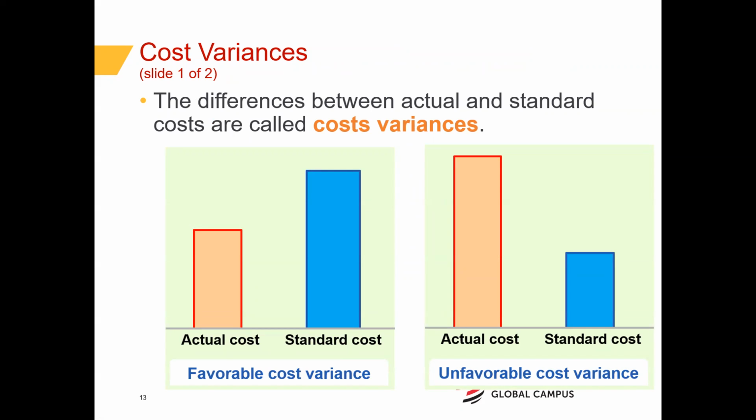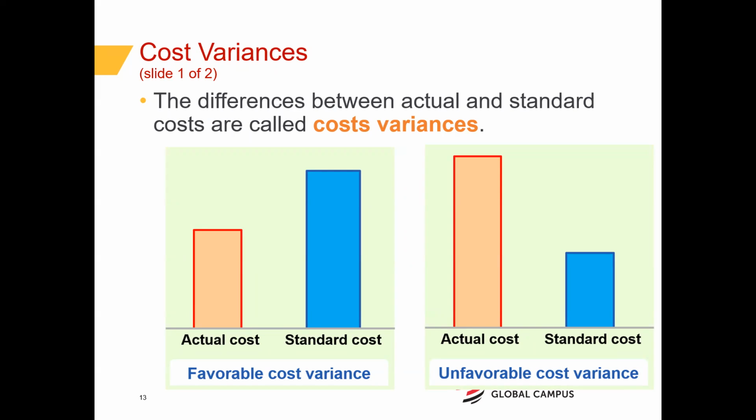There are favorable cost variances and unfavorable cost variances. And of course, you would make the assumption that a favorable cost variance means the actual cost is below the budgeted cost, actual below budget. That's favorable. Of course it is, because the company likes to save money.